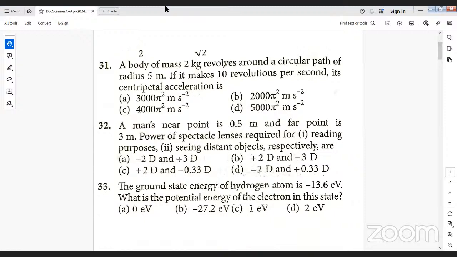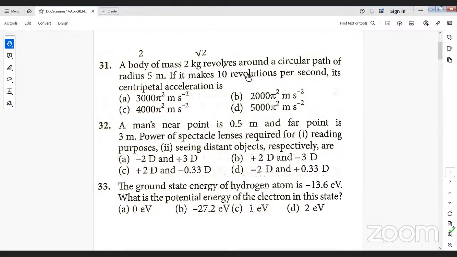Yes, next question, students. A body of mass 2 kg revolves around a circular path of radius 5 meter.